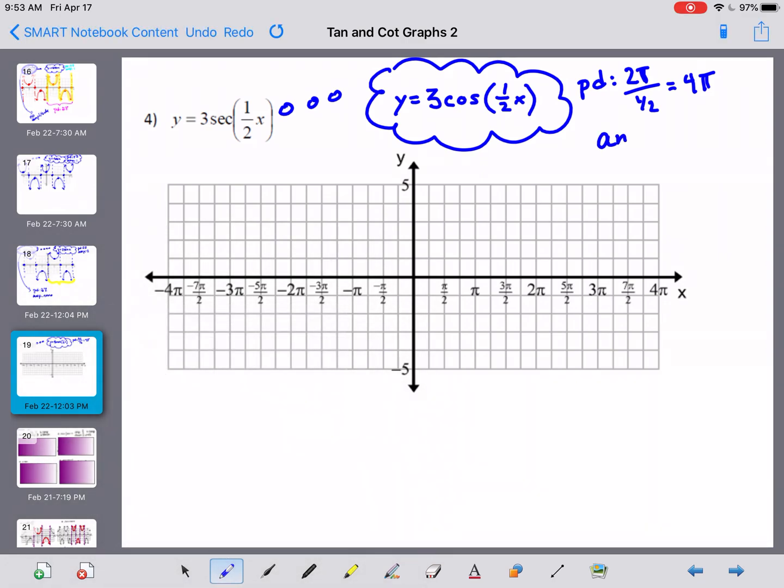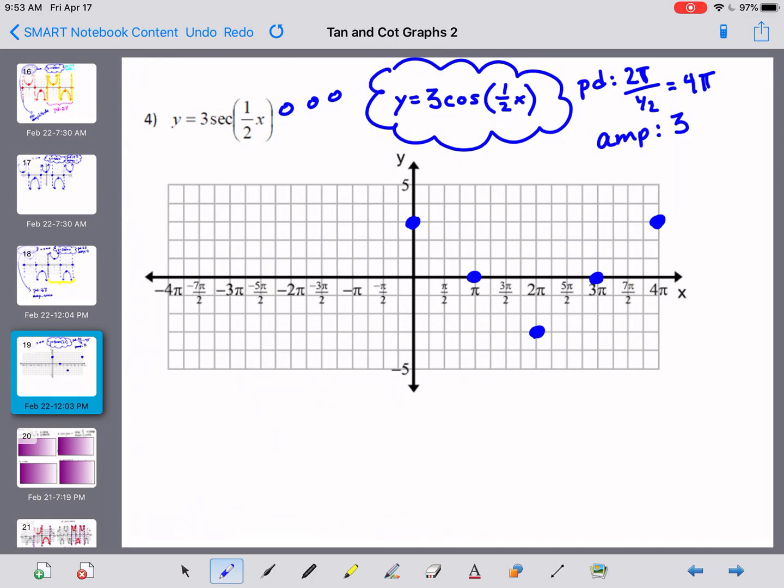And the amplitude of my thought bubble is 3. So cosine starts up at its maximum point, which is 3. It's going to end at its maximum point, but we're ending at 4 pi. Midpoint will go down, 1, 2, 3, to its minimum point.